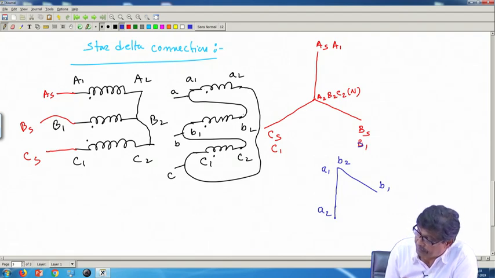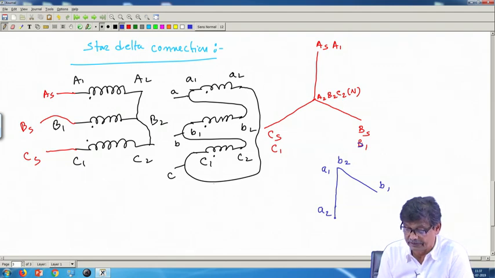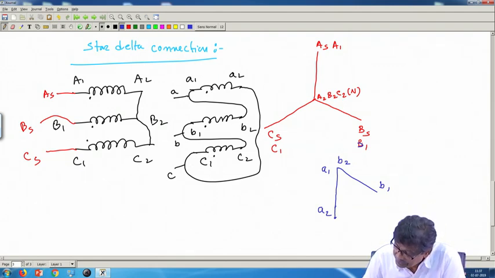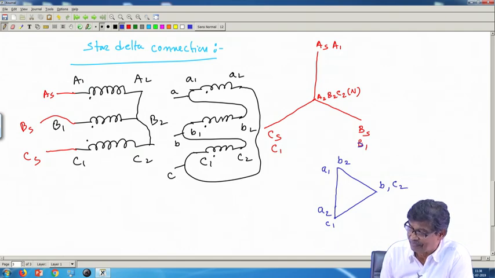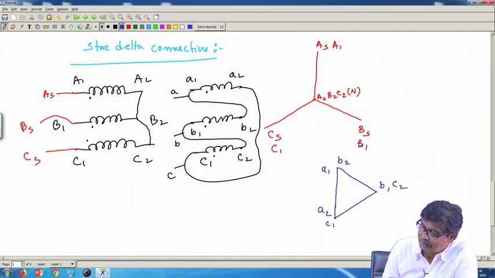So, they must be at same potential, and then C1 C2, and C1 is joined with A2. So, it is like this, C1 C2. So, it is a valid delta connection.